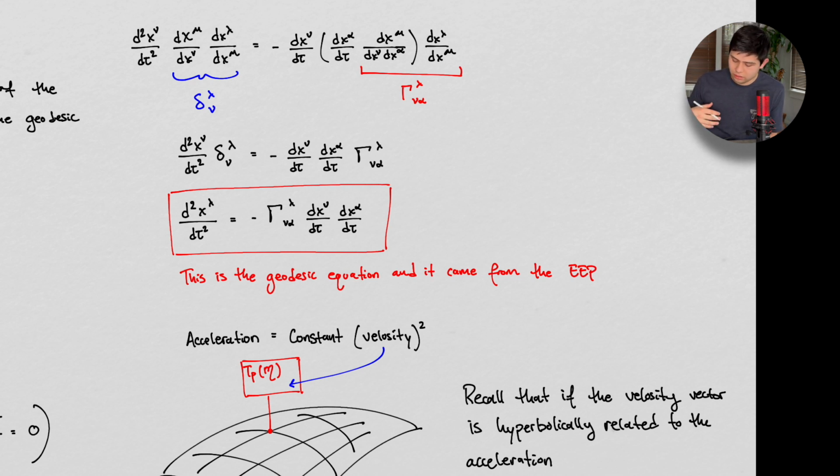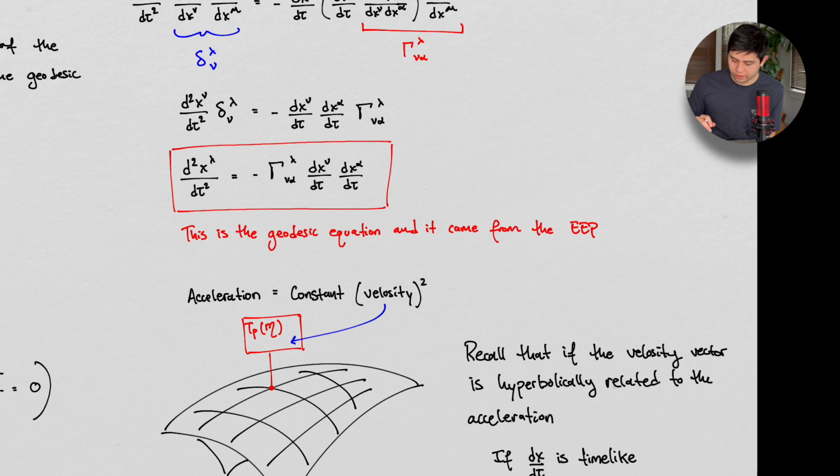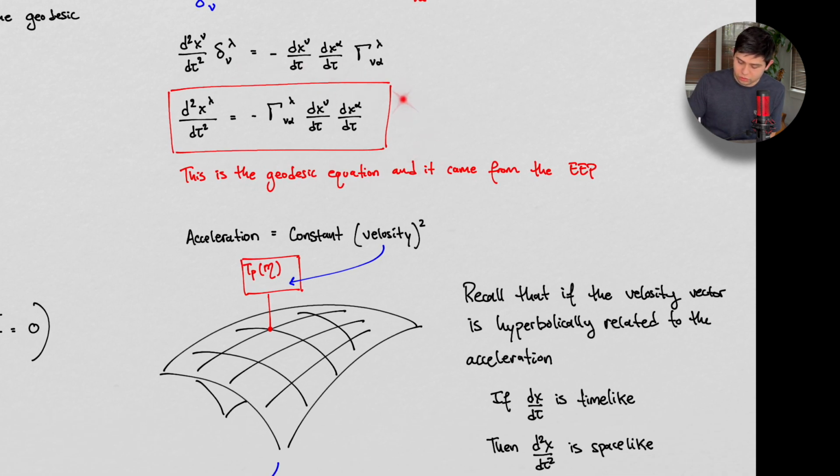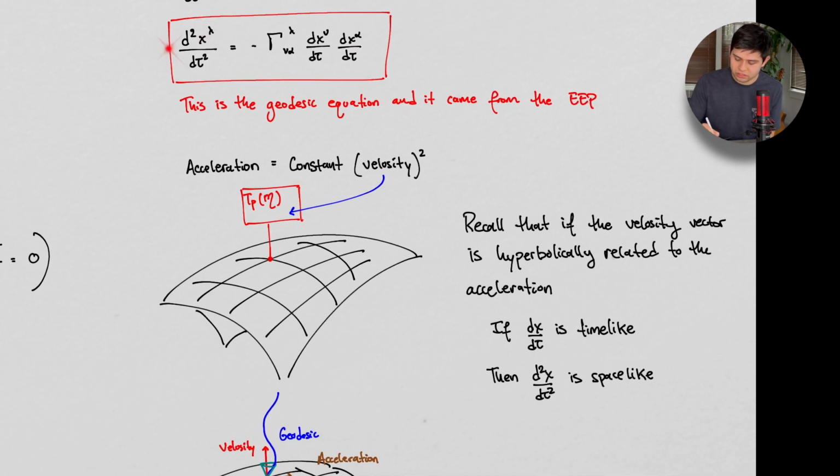In some sense, you could say a geodesic is really just the statement made when Einstein made his principle of equivalence. Okay, what is this? When we look at this equation, we have acceleration on this side of the equation.